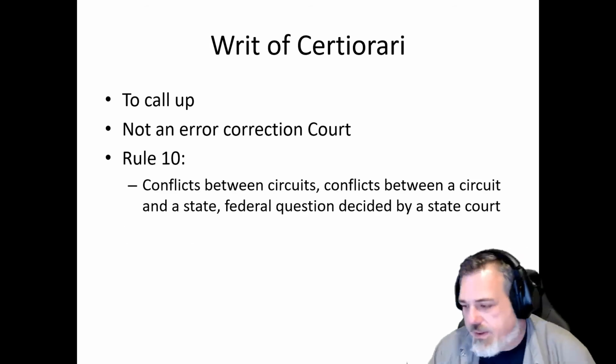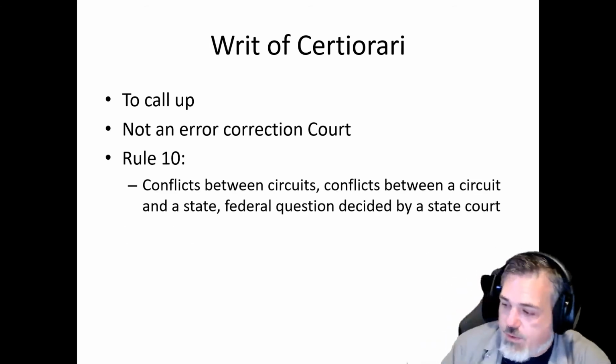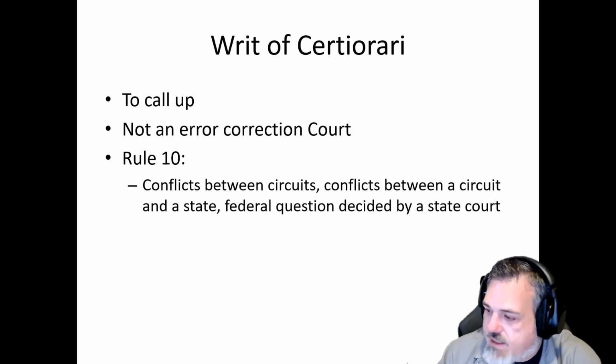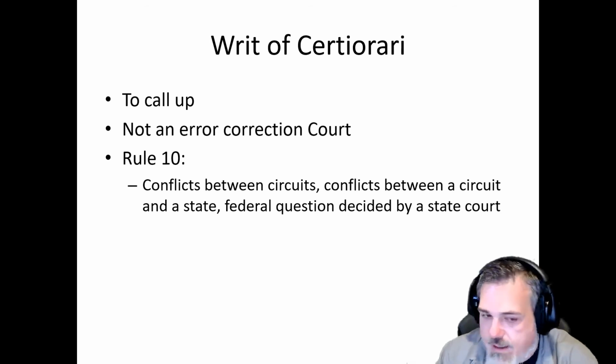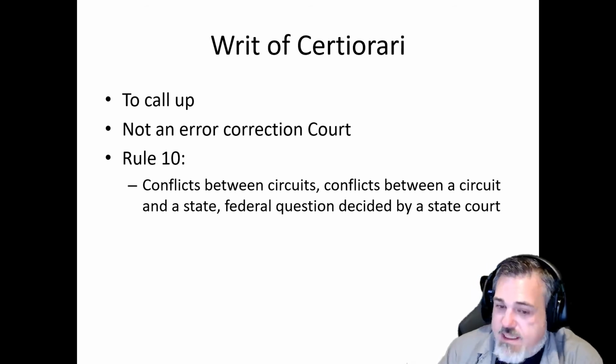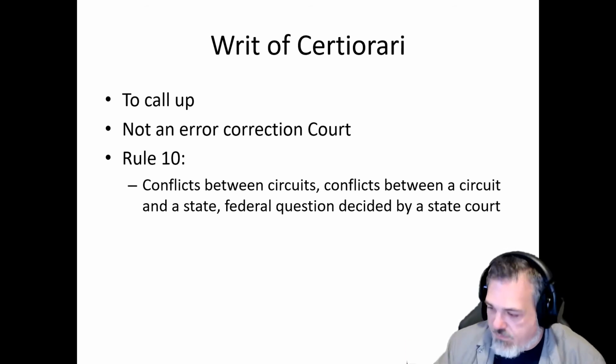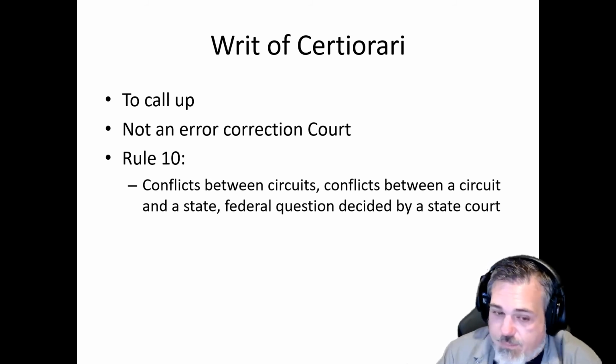So what are some things that can increase the likelihood that the Supreme Court will hear any given case? Well, the Supreme Court in its own rules sets out some of the things that they look for, particularly in Supreme Court Rule 10. They note that if there exist conflicts between the circuits, so if the circuits disagree, for example, like the Fifth and the Ninth, in the application of law or how a law should be interpreted.